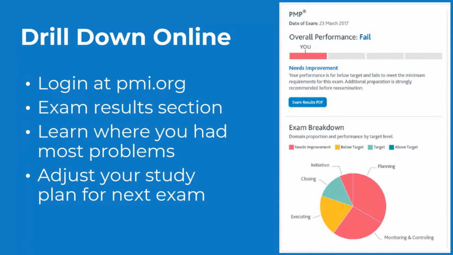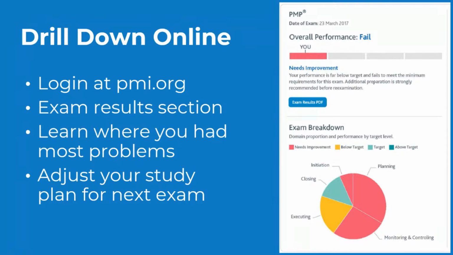But it looks 90% the same if you go into your online account and look at your score, and you simply log in to PMI's continuing certification requirement system. That's the CCRS, and then you click on the exam results section, and now this is what you see on the screen. Hopefully in your case it will be mostly green, and it will say pass at the top and not fail, and not the red area will be highlighted, but the green area will be highlighted.